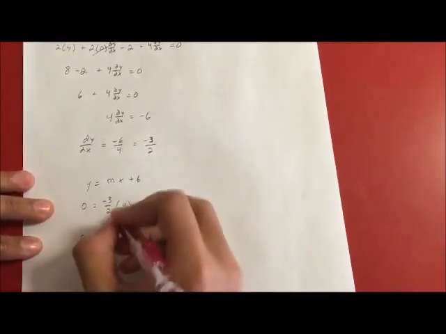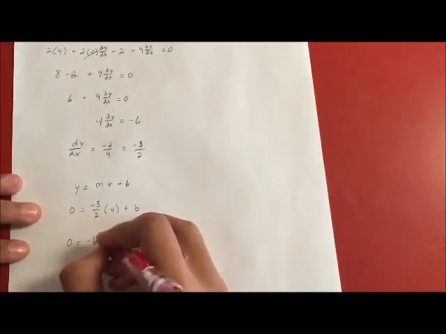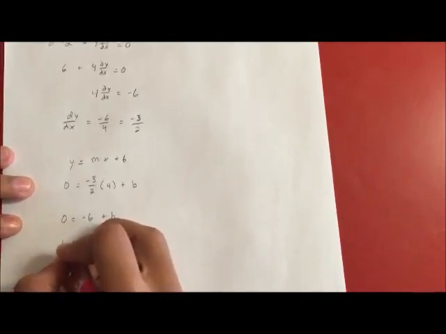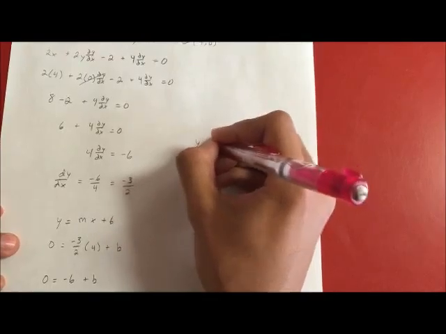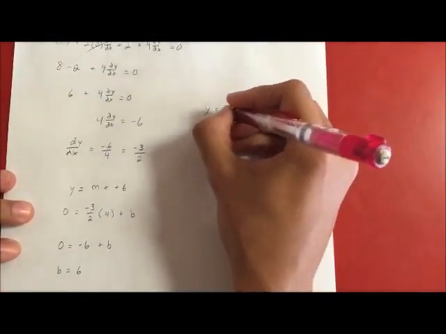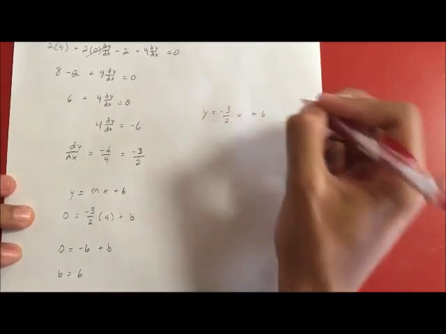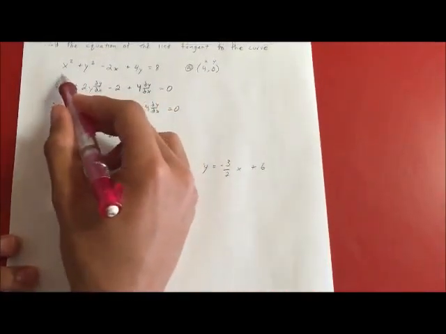Simplify this, so we get 4 times negative 3 is negative 12, divided by 2 is negative 6, plus b. Add 6 on both sides to get b alone, so b equals 6. So then we rewrite it, y equals, we take our slope, negative 3 halves x plus 6. And that is the equation of the line tangent to the curve.